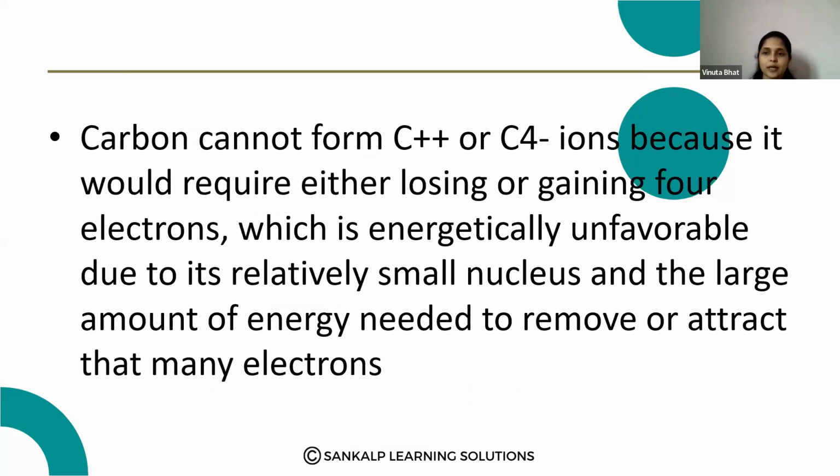Gaining or losing 4 electrons is energetically unfavorable due to its relatively small nucleus and the large amount of energy needed to remove or attract too many electrons. Okay, so that is the answer.